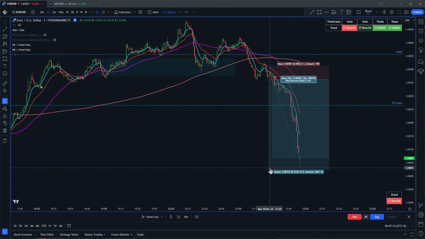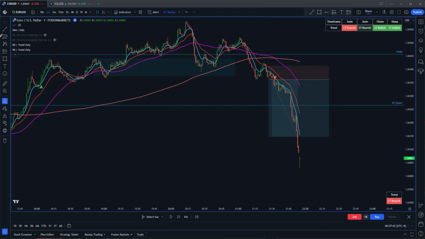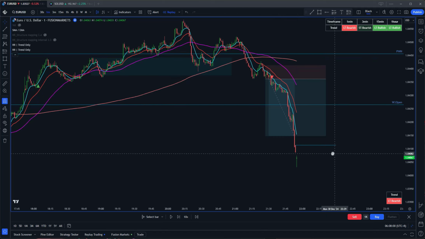Whenever the previous candle high is taken out, you just close your trade. So let's say you have the order here, this was your stop loss. Once this candle opens, this is your stop loss. Now this candle is opened, your stop loss is above this candle.